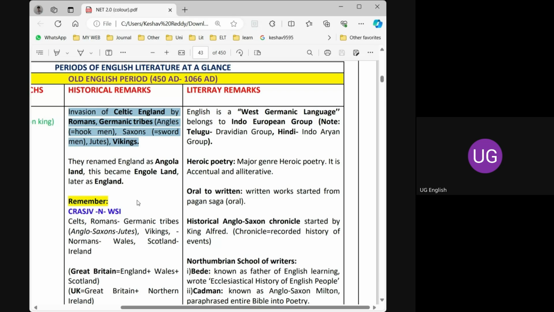Here, the first code to be remembered is CRASJV. You should remember this term. Celt, generally the pronunciation is Celts.